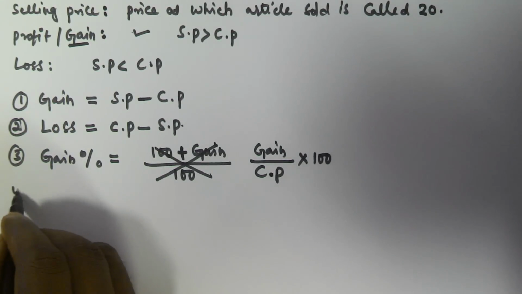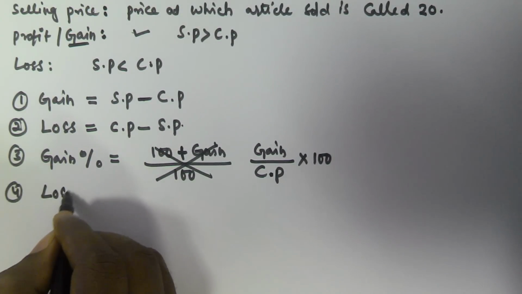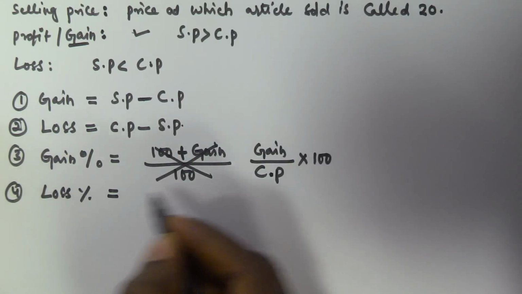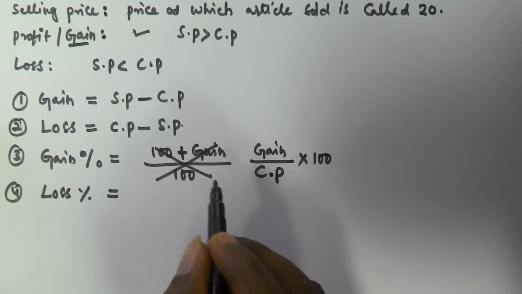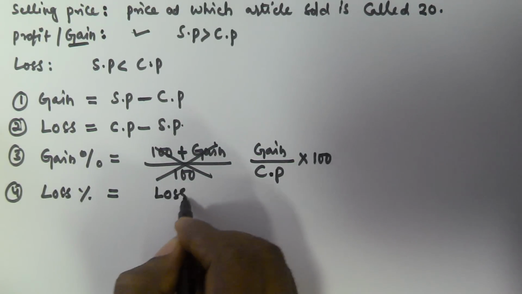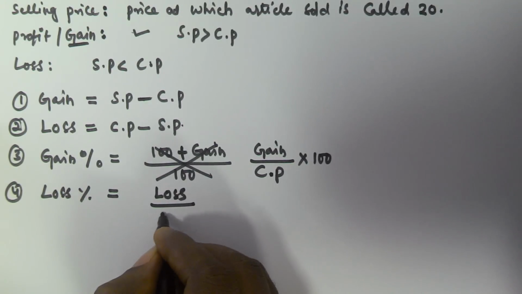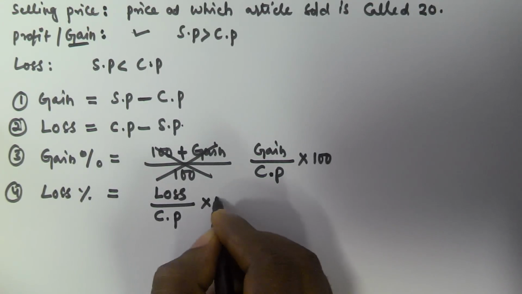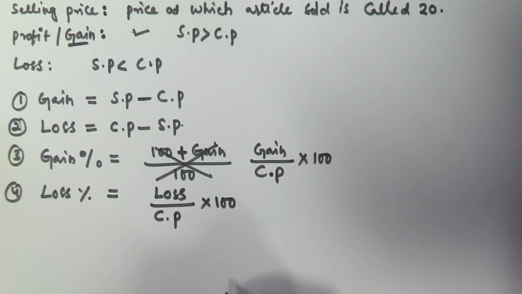In the same manner, the loss percentage is calculated. Whatever loss he got, loss by cost price into 100, because the loss is with respect to the cost price. This will give the loss percentage.